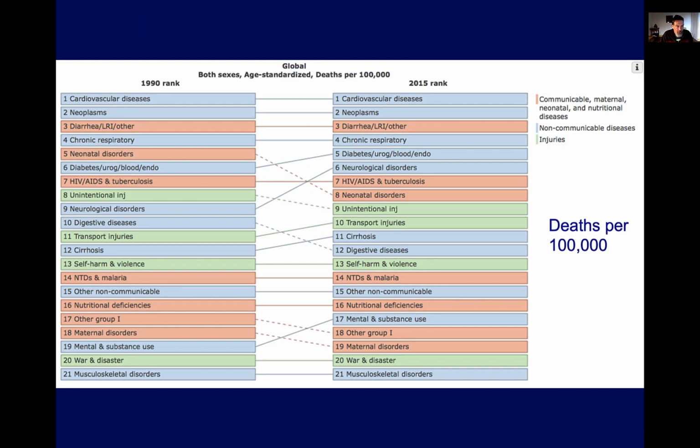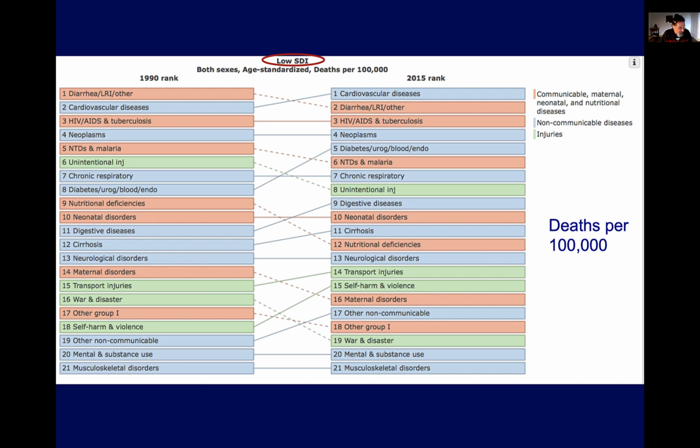And globally, we looked at this earlier for the US, and globally you can also get a sense here where infectious diseases rank or where they fall in the rank of causes of death. Here we're looking at rates of death per 100,000. And you can see that infectious diseases are represented in the top 10 causes of death, both in 1990 as well as in 2015.